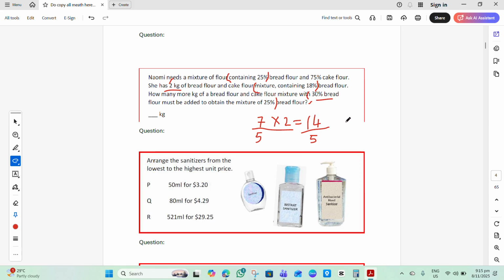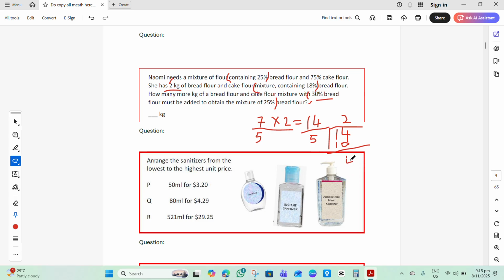If we divide 14 by 5, let's do the rough work here. 5 times 2 is 10.